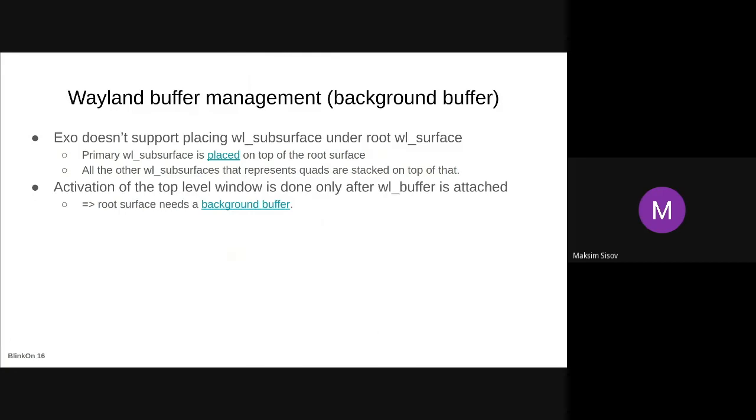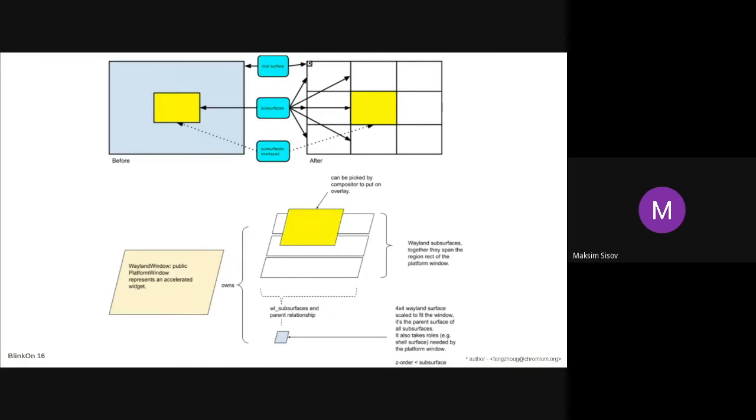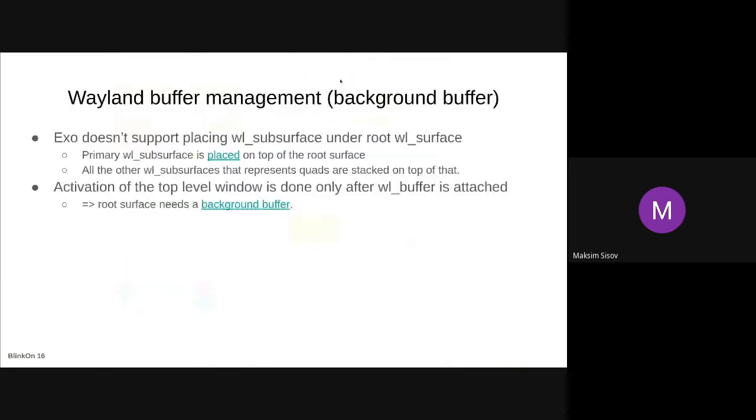Another problem was the background buffer problem. Due to a limitation of Aura, Exo couldn't put subsurfaces below the root Wayland surface, and this surface, as I said, has all the subsurfaces attached. While that was legal according to the Wayland protocol, we had to come up with a solution to still be able to attach a buffer to the root surface.